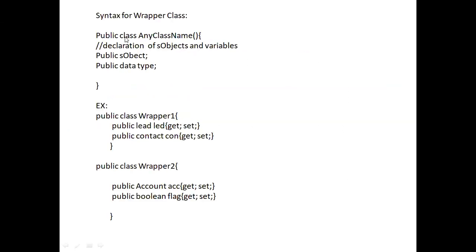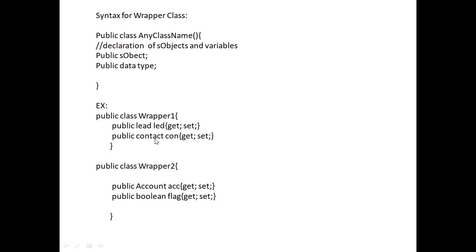Here is the syntax of a wrapper class. The class name is any class name like what you give in an Apex class. Next, it contains objects and data types as variable declarations. For example, I'm taking a wrapper class with lead and contact.